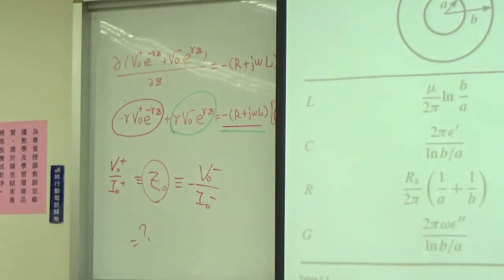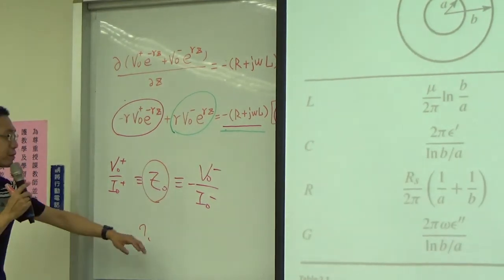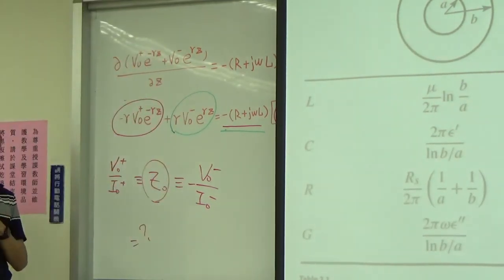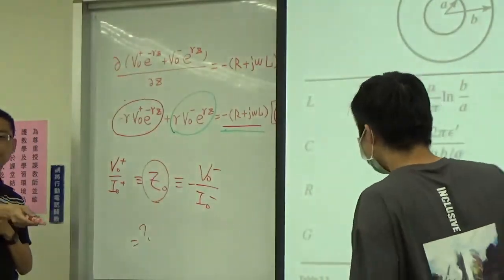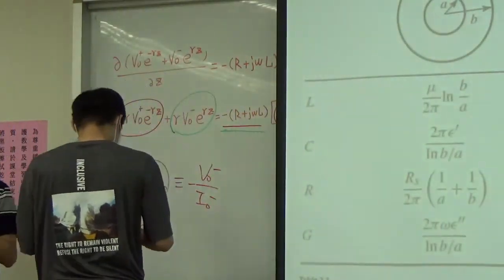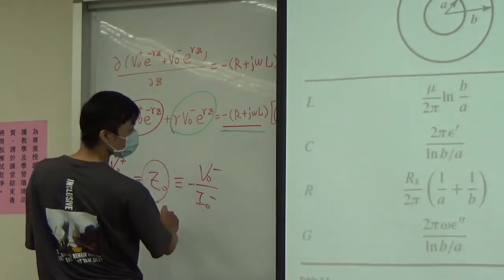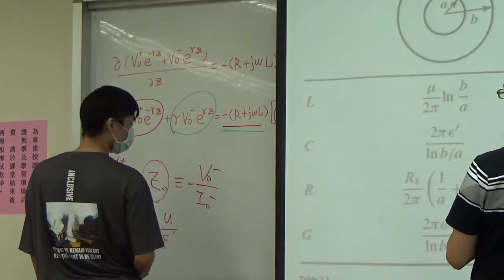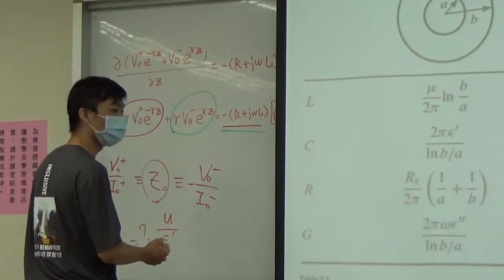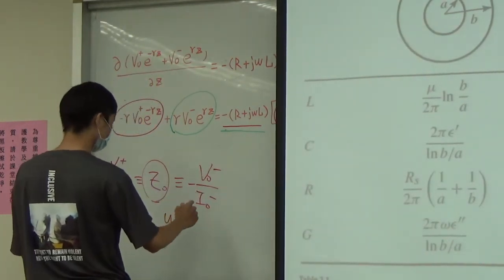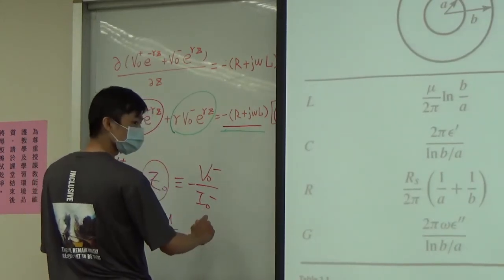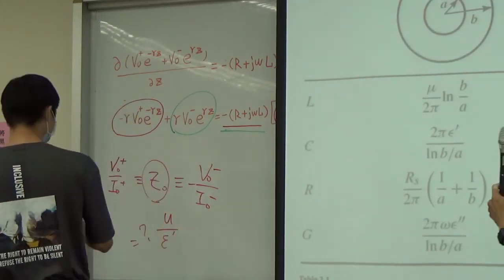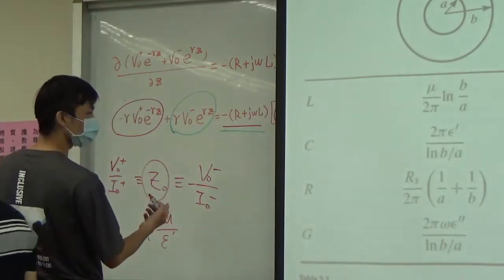Points. Come, just write it down. 10 points. Z0 equals to, 10 points, because this is important and a little bit difficult. Write down. Why? No, you need to derive it carefully. Yes.